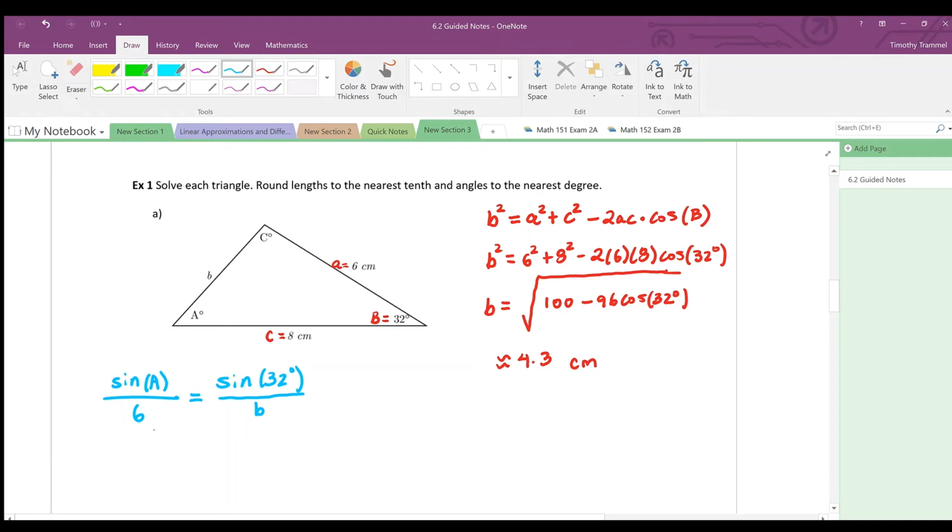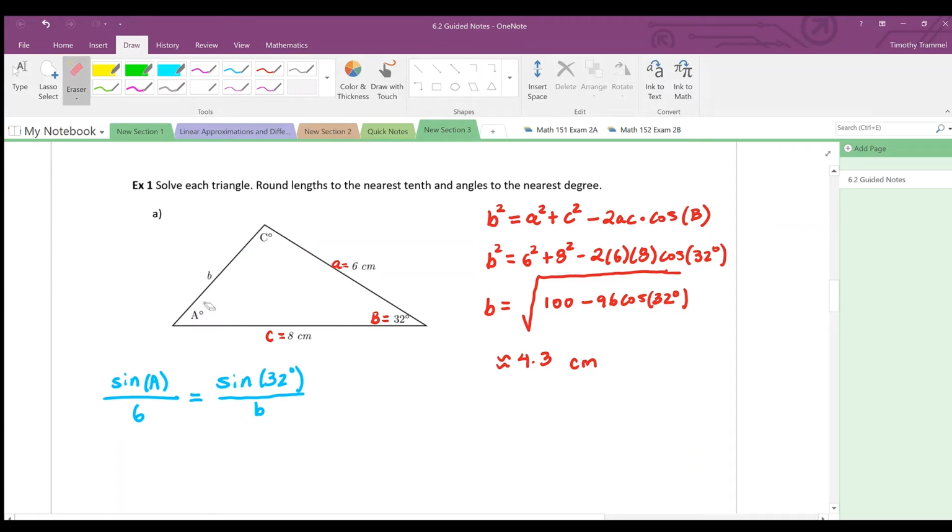And you might be wondering, well, why did we choose to find angle A first? Why aren't we finding angle C first? And here's the real answer. Law of sines is a lot better for finding acute angles than it is for finding obtuse angles.